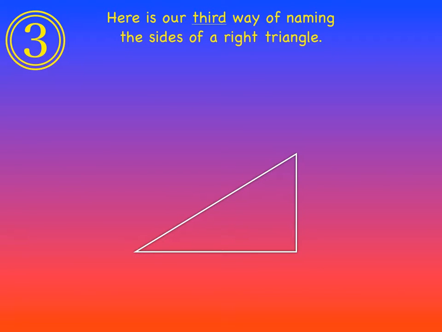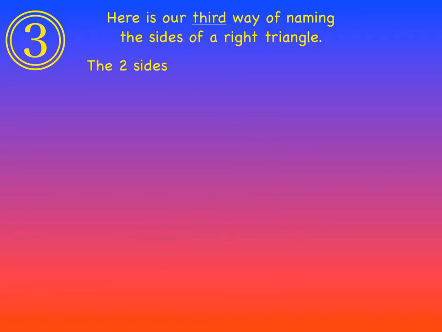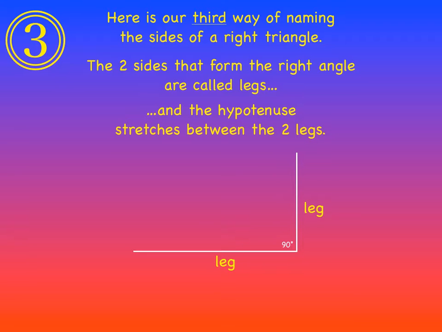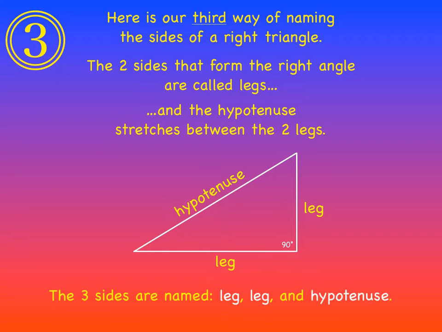Here is our third way of naming the sides of a right triangle. The two sides that form the right angle are called legs, and the hypotenuse stretches between the two legs. The three sides are named leg, leg, and hypotenuse.